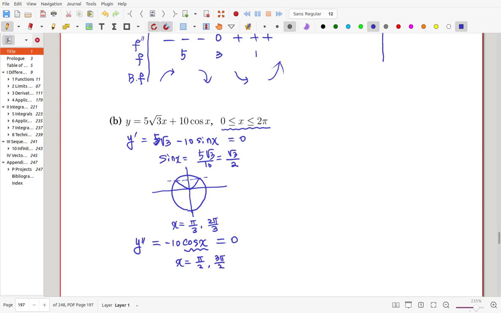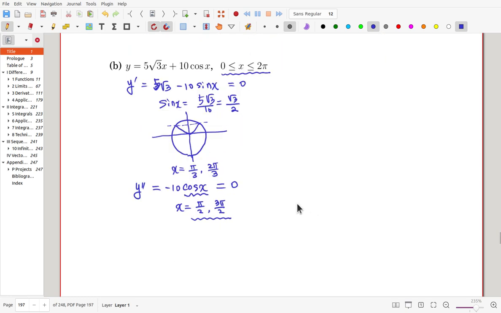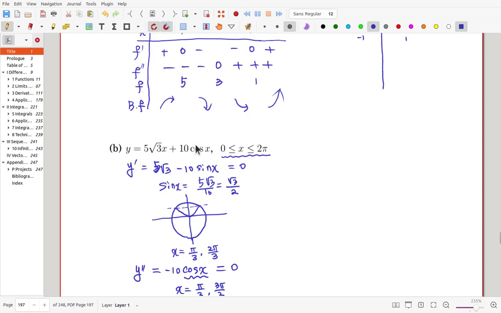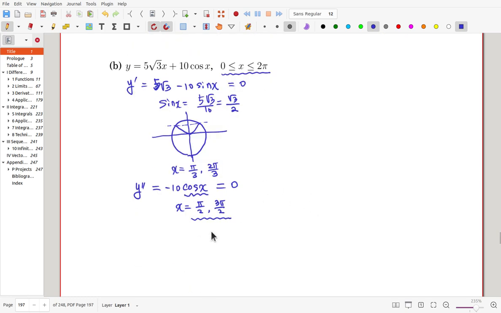Cosine is the horizontal component, and 0 means pi over 2 and 3 pi over 2. So these will be inflection points, and you can make the table again and then get the graph. Okay, let's do that here.